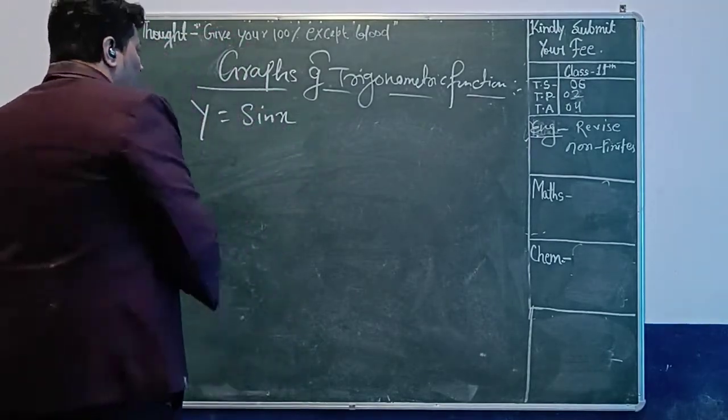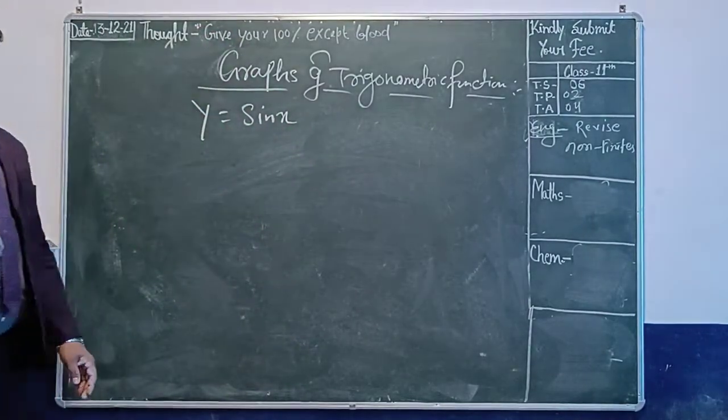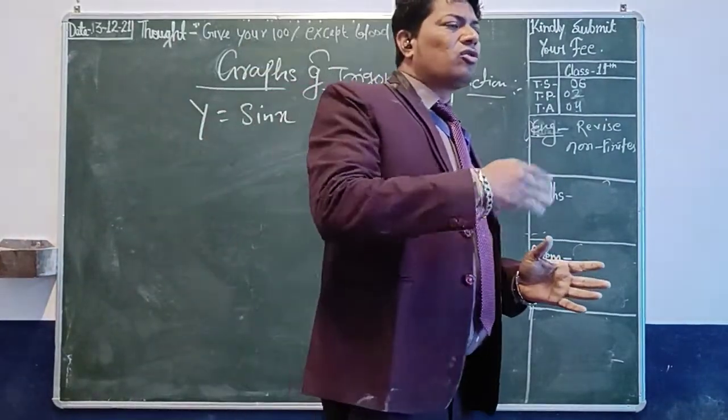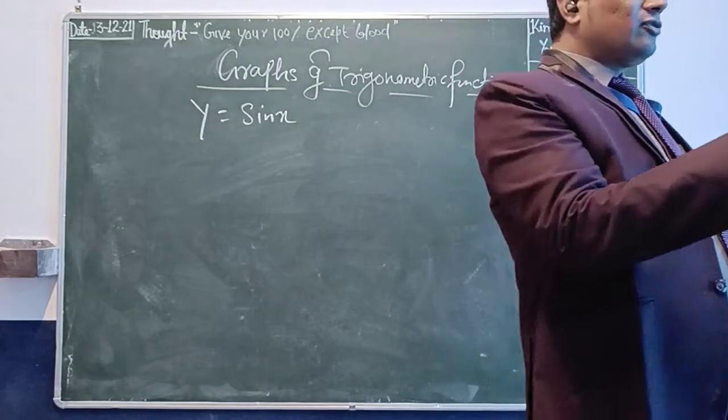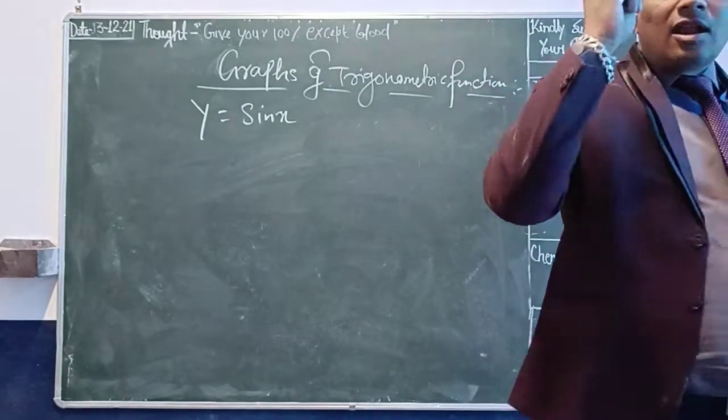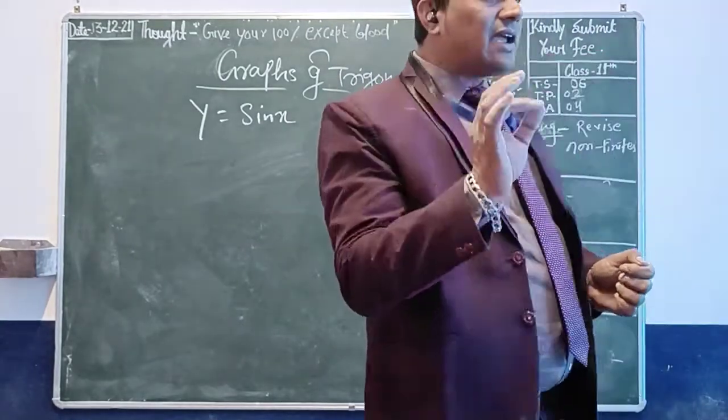So y equals sin x means the graph will be between 0 comma 2 pi. The period is 0 comma 2 pi. Means at 2 pi it will lie on the axis.